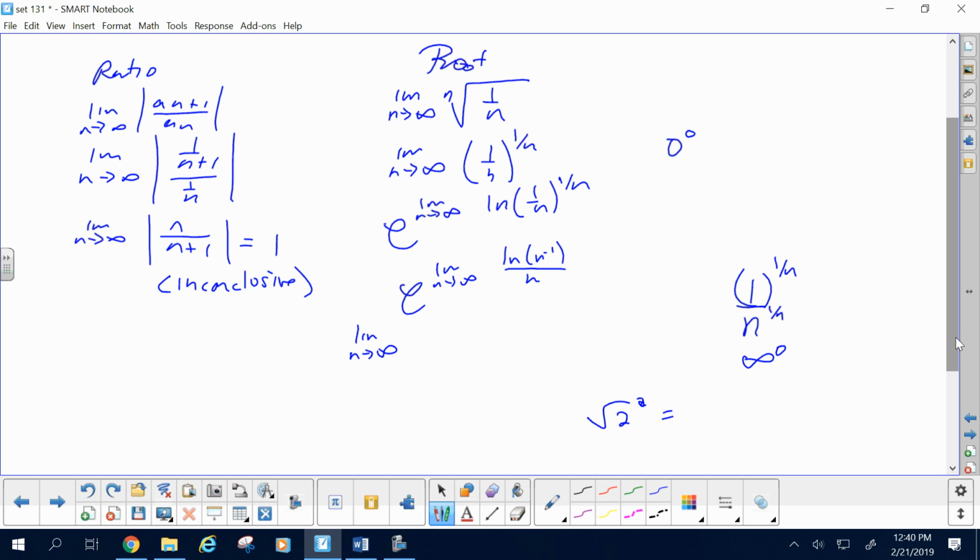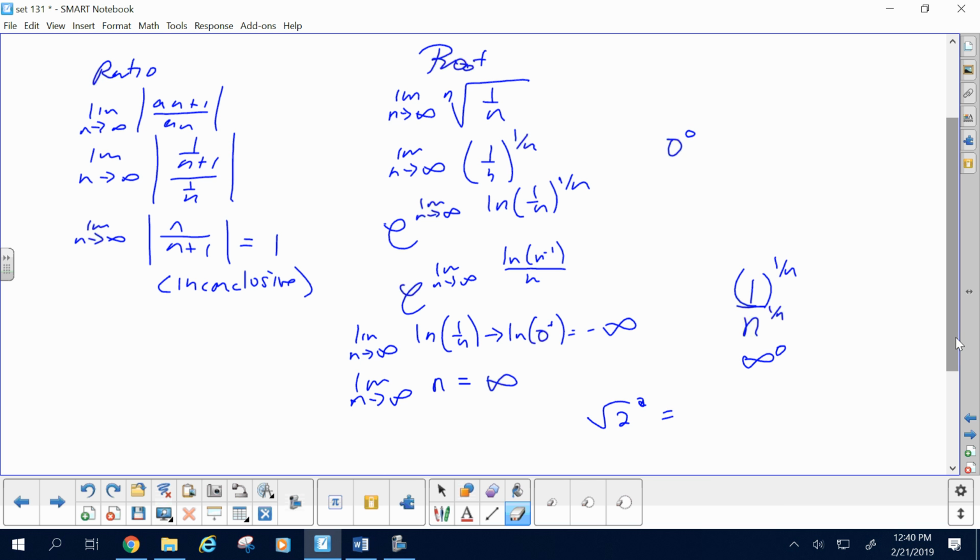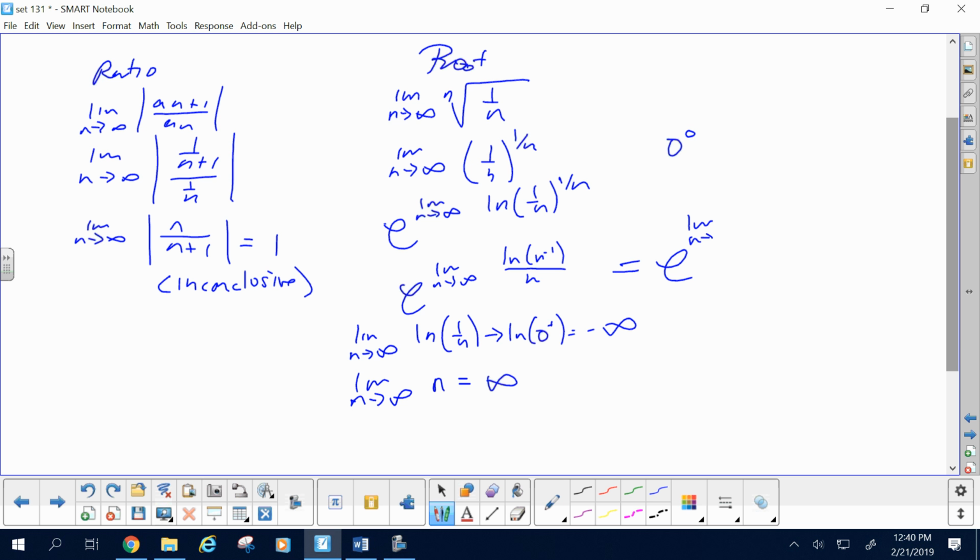The limit as n goes to infinity of log of 1 over n, log of 0, you go for it, you see it. I'll do it. Believing it doesn't make it so.